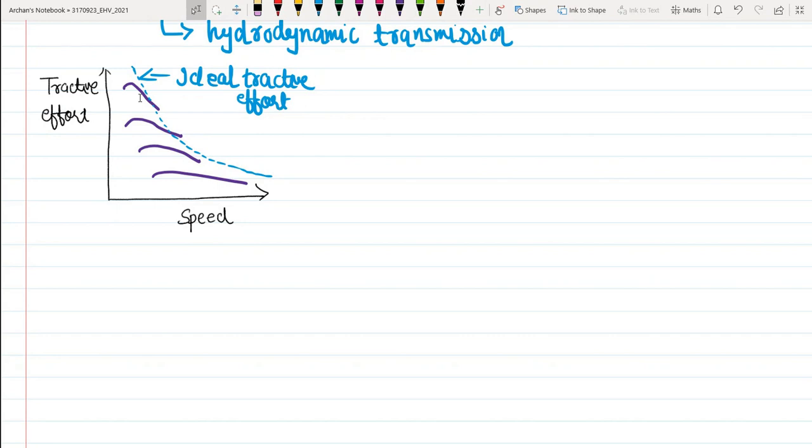And let me try to draw the demonstration of this vehicle speed range and engine speed range for each gear. Then you will understand it very well, right? So here on the horizontal axis, we will consider engine speed, right?